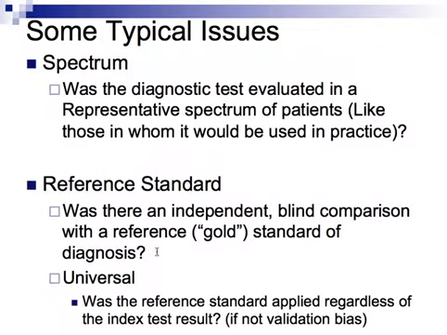But if we think about something like shoulder impingement, what would be our definition of a gold standard? Does there have to be disease in the rotator cuff? Does there have to be signs of inflammation on MRI? Does it mean pain relief with injection? Those are some of the gold standards that have been used to test shoulder tests.